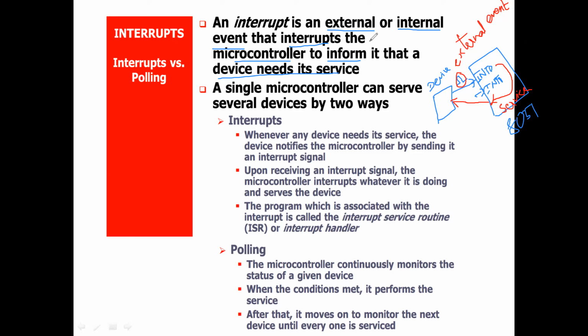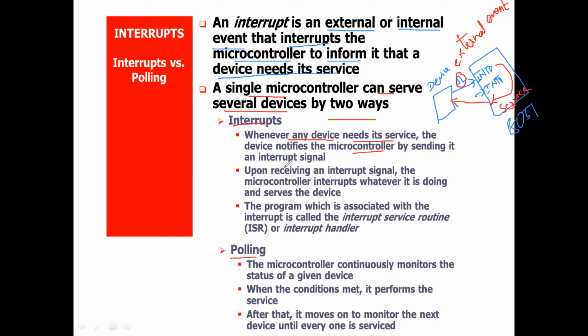A single microcontroller can serve many devices in two ways: one is the interrupt way and the other is the polling way. With interrupts, whenever a device needs service, it sends its interrupt signal, and on receiving the interrupt signal the controller will provide the service to the corresponding device.